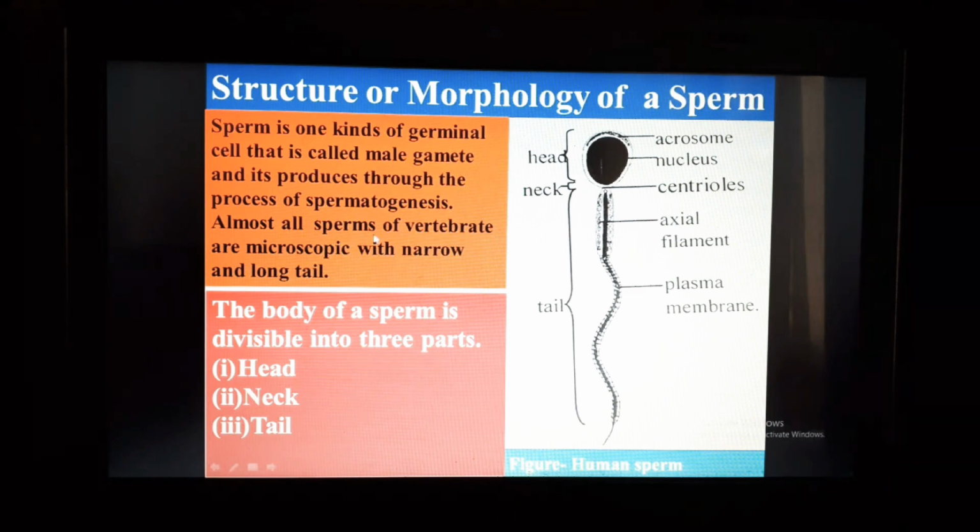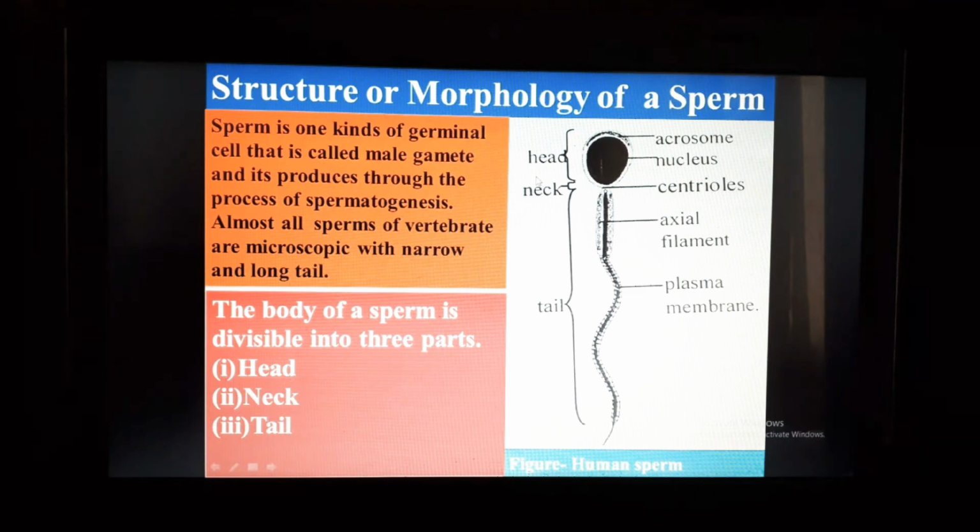Almost all sperms of vertebrates are microscopic with a narrow and long tail. A typical human sperm is 50 micron long and consists of head, neck and tail.